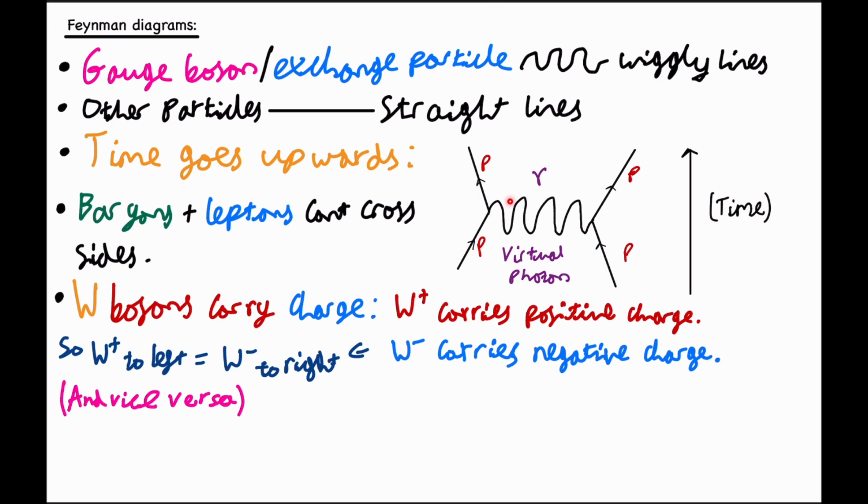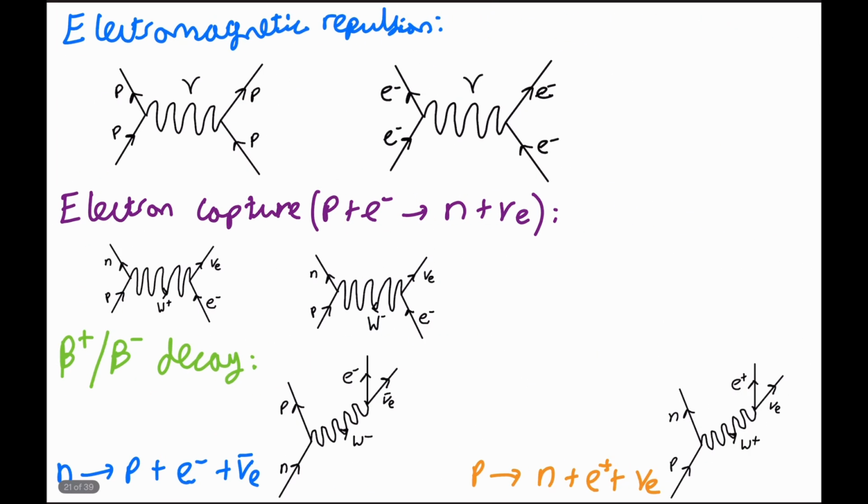As you can see in this one, there's no direction, but when you do have a W boson, whether it's W plus or W minus, it carries the positive charge or the negative charge. And that's like saying, if you have W plus going to the left, it is the same as saying W minus going to the right, and vice versa. So we can see some examples later on of when we use the W bosons.